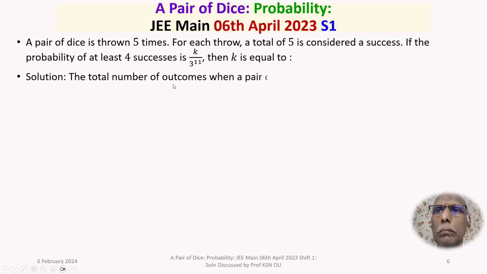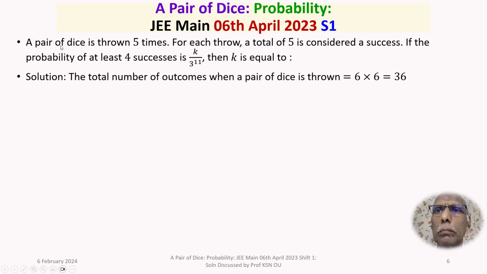The total number of outcomes when you throw a pair of dice is 6 into 6, that is 36. If one die is thrown, the outcomes are 6. And the other die, if it is thrown, the outcomes are also 6.